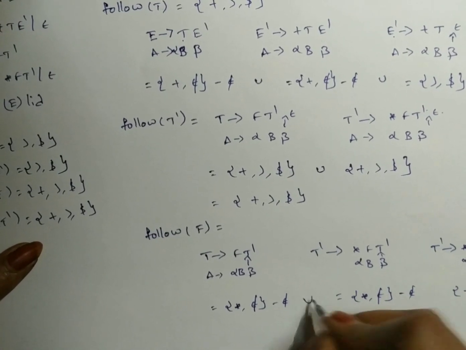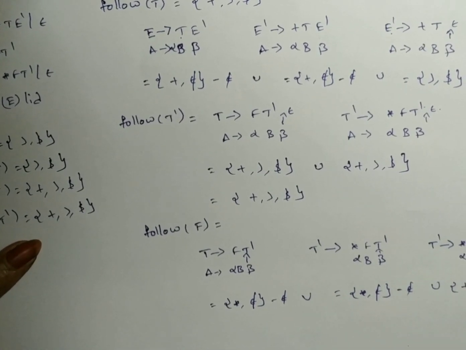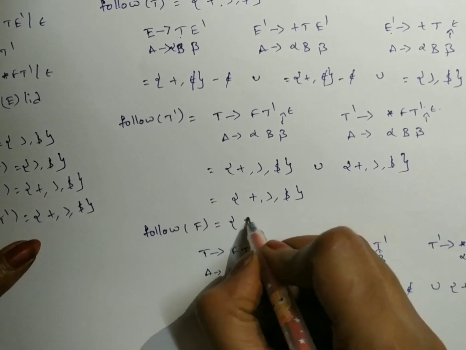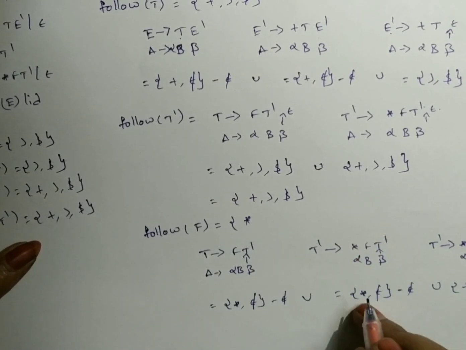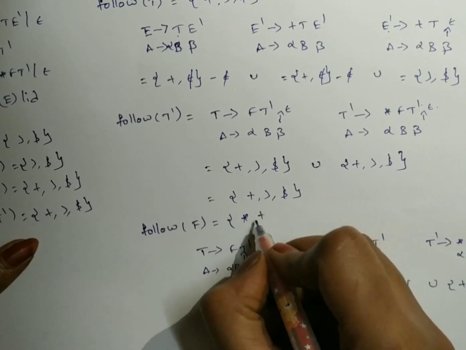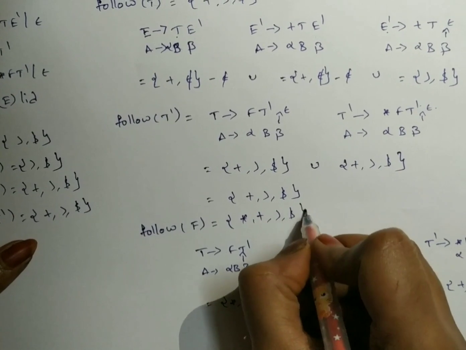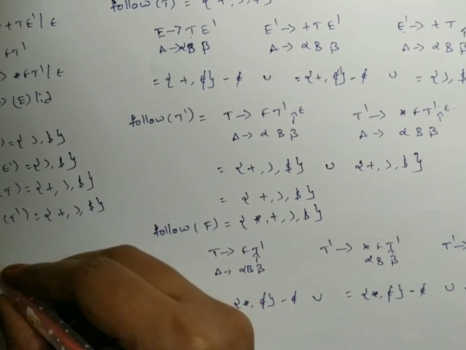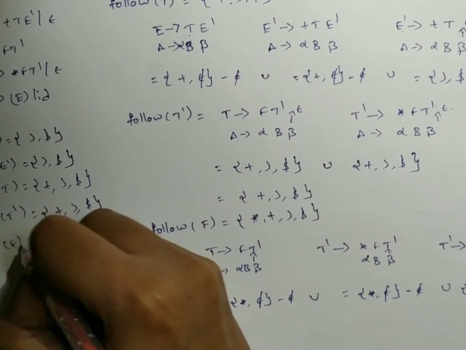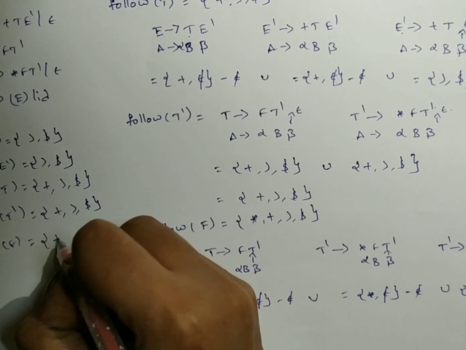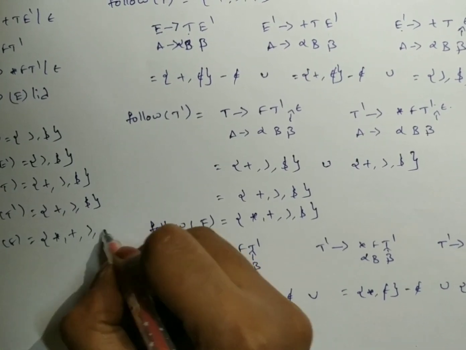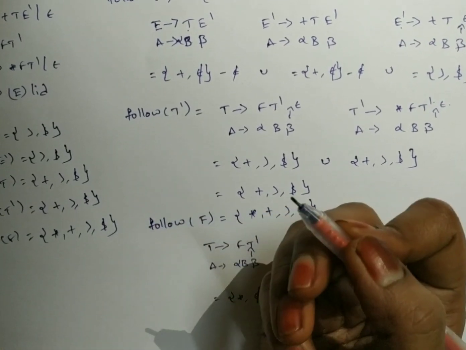Okay, I need to union all these solutions to get the follow of f. Here I am having star, here also I am having star, so one star is enough, and here we are having plus closed brace dollar. Okay, so follow of f is star plus closed dollar. This is the follow of f.